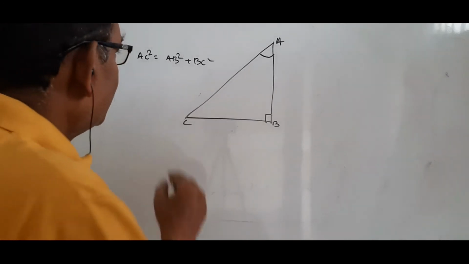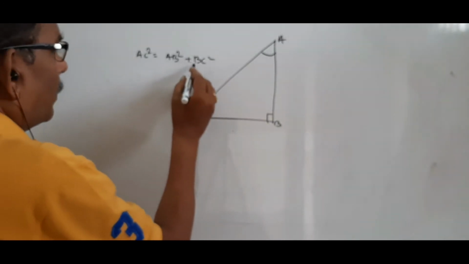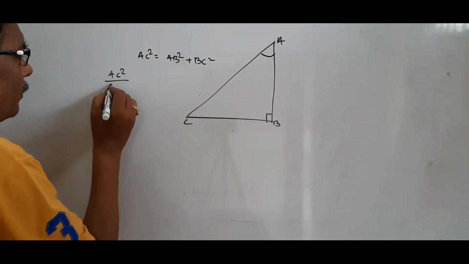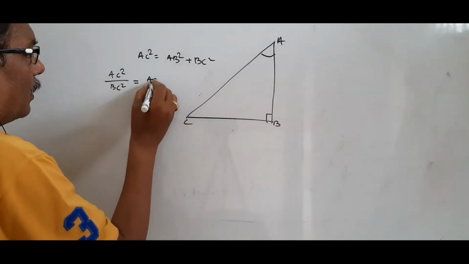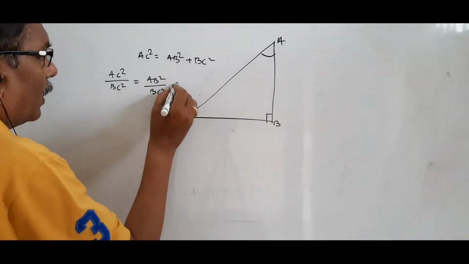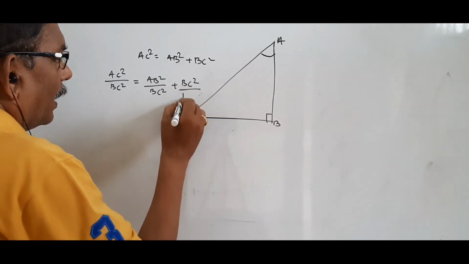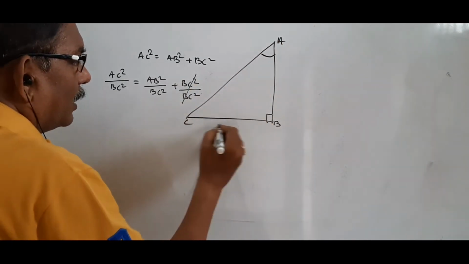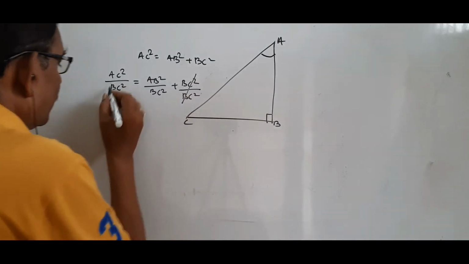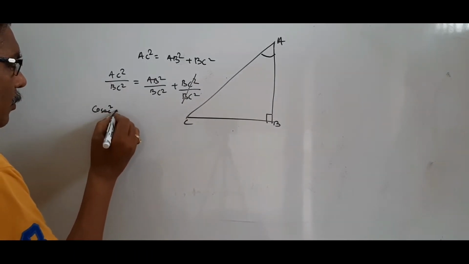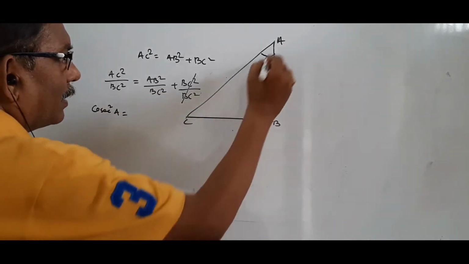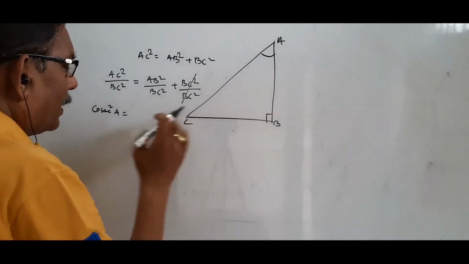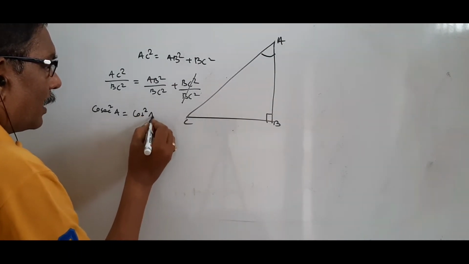Now use again the same equation, AC square equal to AB square plus BC square, dividing both sides by BC square. So the equation becomes AB square by BC square plus BC square by BC square, cancelling this. AC by BC is hypotenuse by perpendicular, so it is cosec square A. AB by BC is base by perpendicular, so it is cot square A plus 1.